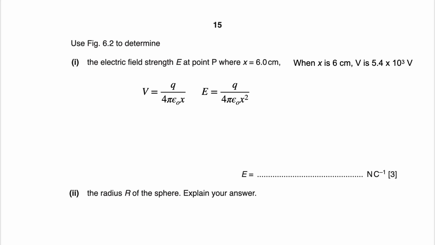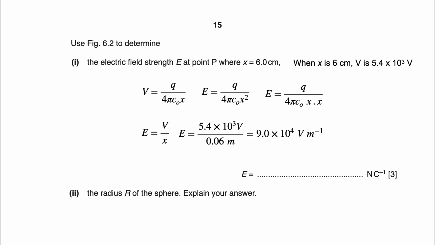So in E, which is q divided by 4 pi epsilon naught x square, can we just write x square as x dot x? Keep the 1 divided by x separately. All the remaining things make V. So we can write E equal to V divided by x. That's all. We know V, we know x. If you put them there, we get the answer.